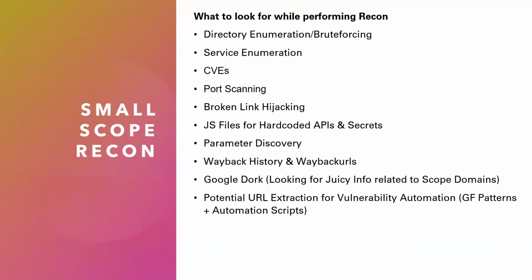Perform wayback history, wayback URLs, Google dorking to look for potential endpoints and URLs to further see what you can possibly do. You can use various GF patterns and automation scripts to automate XSS, SSRF, and other tools. Now, that last point totally depends upon how you want to automate things. Here, automation plays a really good role.